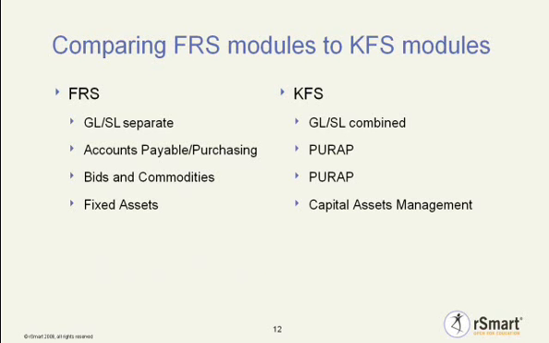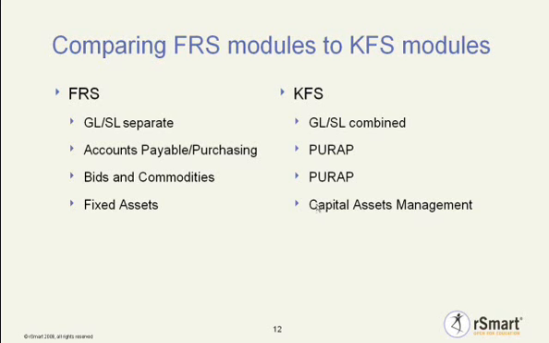However, on the reporting side, you can still report SL data, and you can still report GL data separately. In fact, if you're providing a report to someone out in the field, you probably don't want to give them GL, general ledger data. You want them to see their budget, their transactions against it, their encumbrances, and the available amount, just as you do in FRS. The reports are very similar.